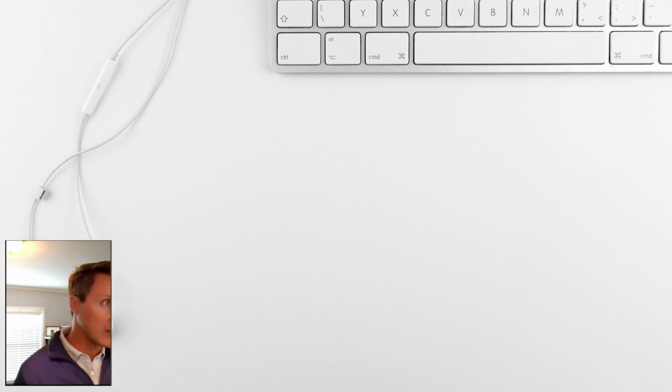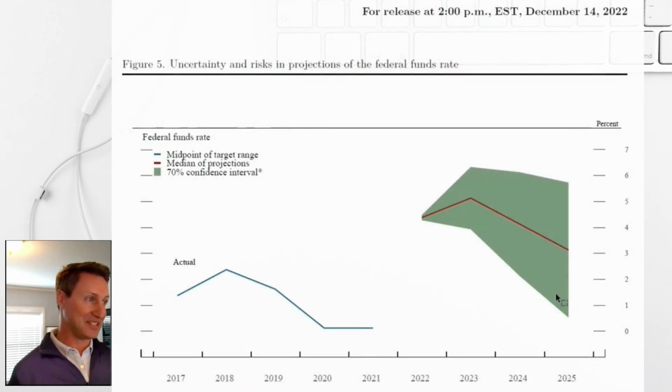And lastly, here we are. Fed funds rates. This is the 70% confidence interval. This is the median projection.